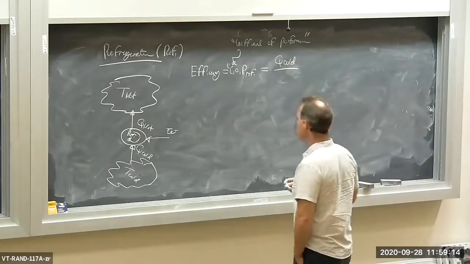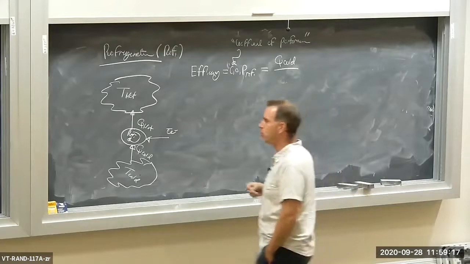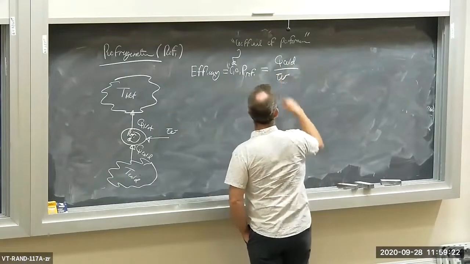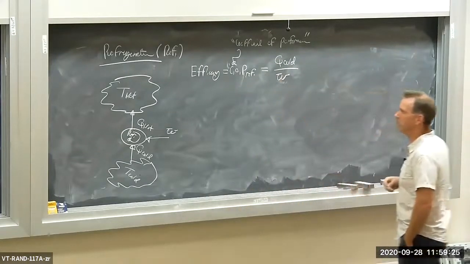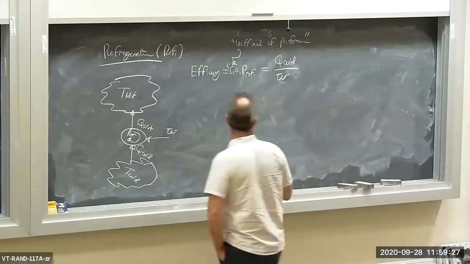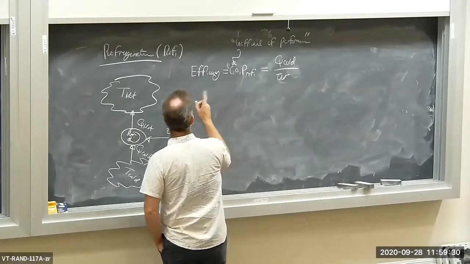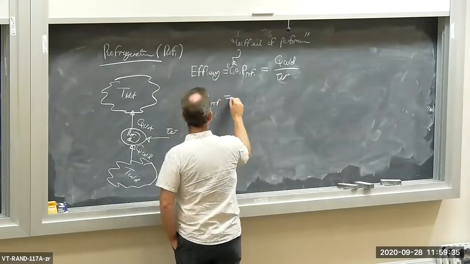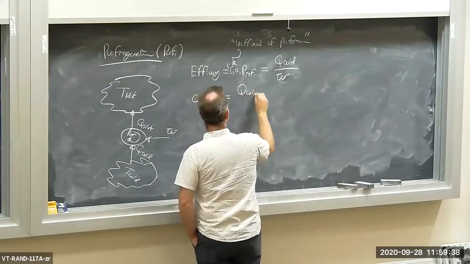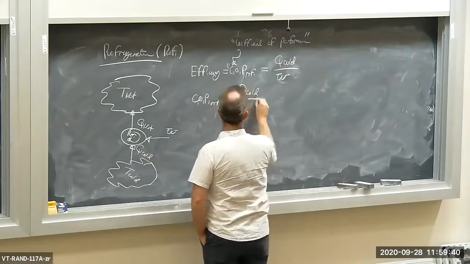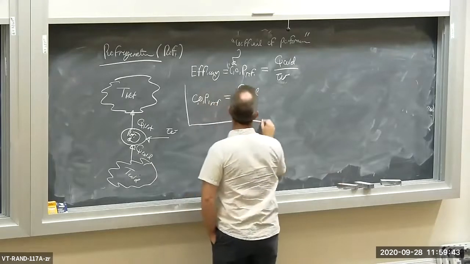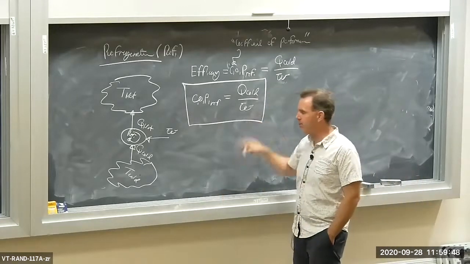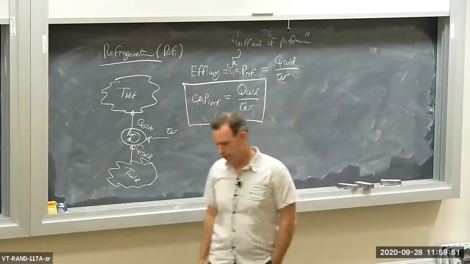So that's the benefit, Q cold. And what's the cost to run the refrigerator? It's the work input. Q cold over W. Coefficient of performance, COP. Q cold over the work. So the coefficient of performance for a refrigerator is defined equal to the heat transfer from the cold place divided by the work required to run the device, okay? If you want to put a W cycle here, that's fine. I could have put a W cycle here, but I didn't, all right?